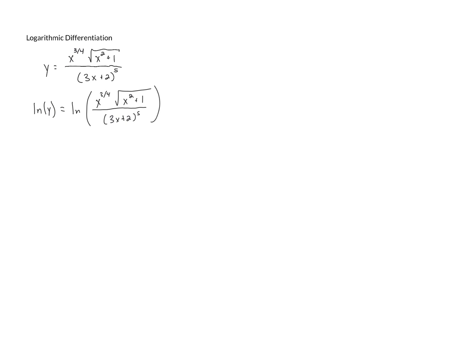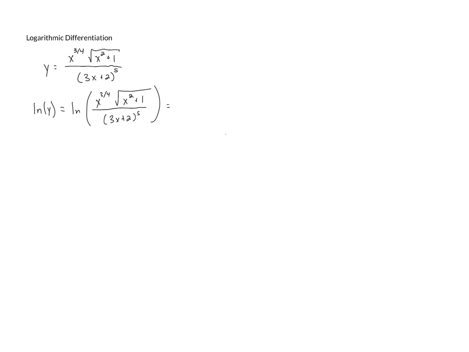But you might notice something here. We can split up this logarithm. Remember that when we have the logarithm of products and quotients, we can split that up into the sums and differences of logarithms.